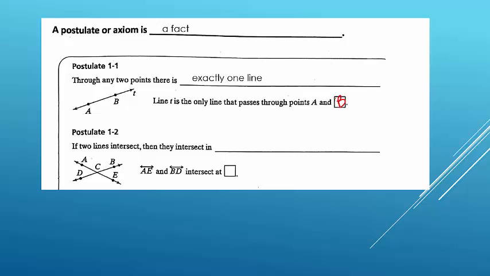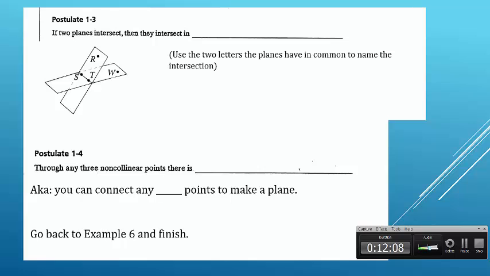Rule number 2, if two lines crisscross or intersect, they intersect at a point. So I always put a dot where they crisscross, and where I put that dot is going to be my intersection. In this case, it's point C. Rule number 3, if two planes intersect, then they crisscross in a line.